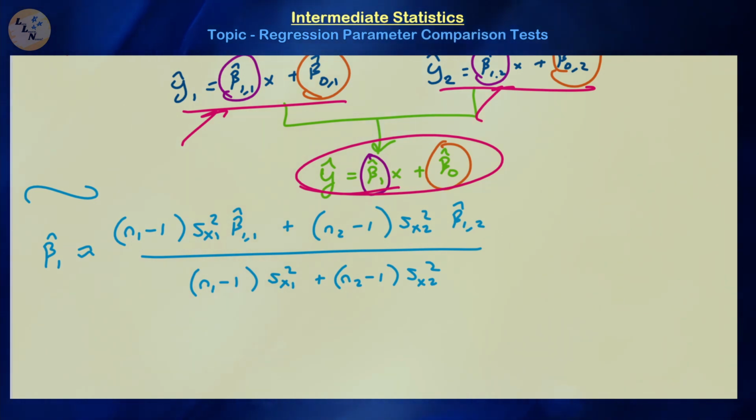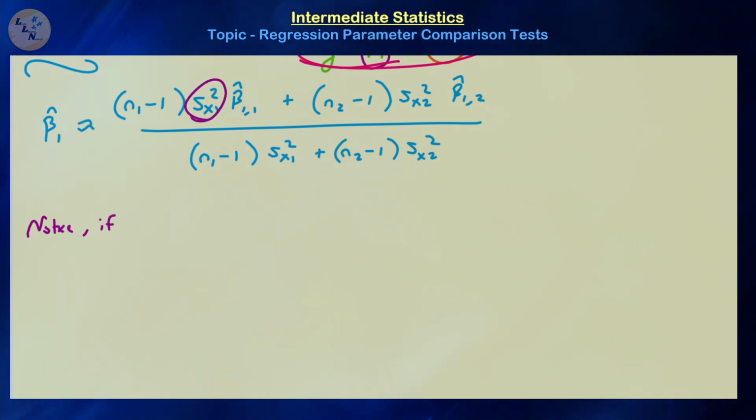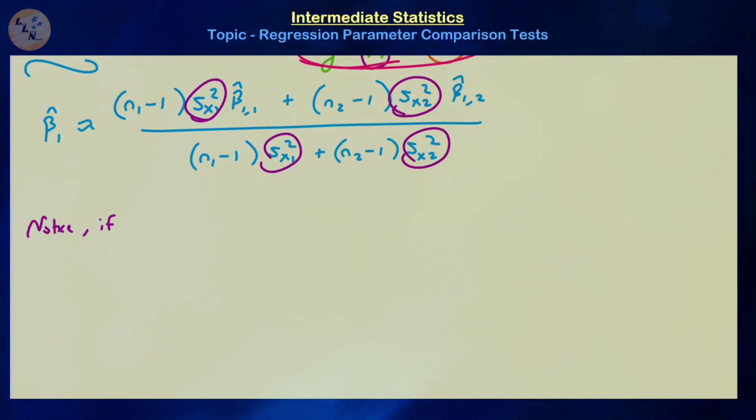But notice in this formula, what if they are equal to each other? So notice if these variances, because remember, this is an approximation for sigma x1 squared, that's going to be an approximation for sigma x2 squared, for each of them, right?